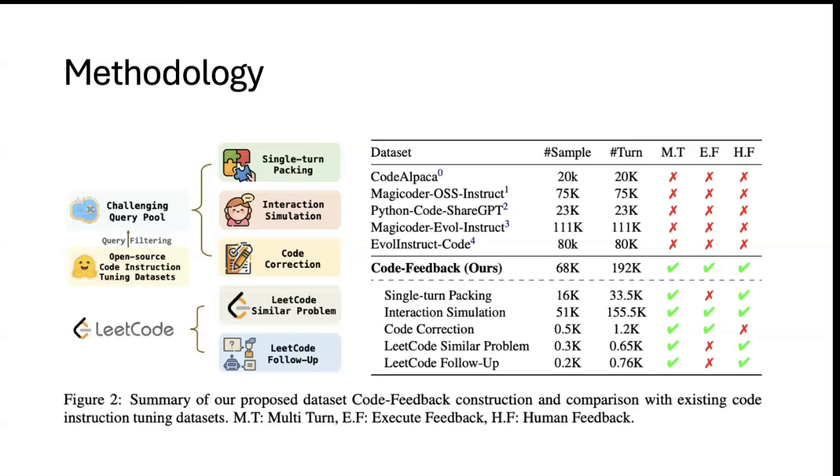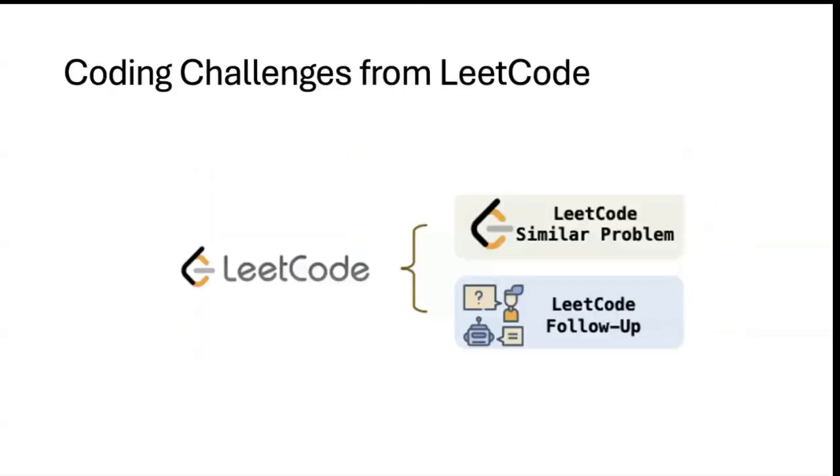And for the last step, they also utilized the LeetCode datasets for dataset generation. Firstly, they used LeetCode similar problems. This was attained with the TACO dataset, which is publicly available, and it categorizes each related question through tags, which makes it easier to utilize.